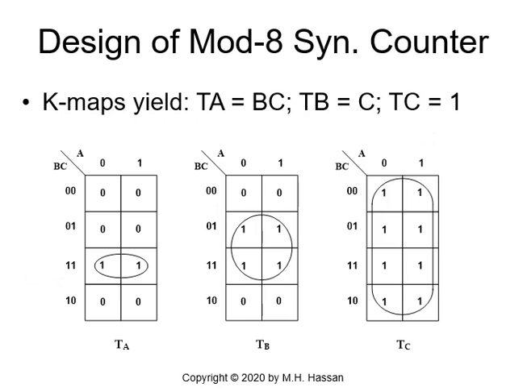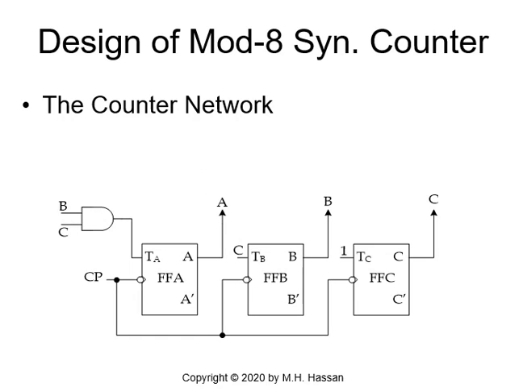So once we have this, we can really draw the network for the counter. We have 3 flip-flops, flip-flop A, flip-flop B, flip-flop C, because it's mode 8, so we need 3 flip-flops. So the input for TA is B and C. This is the output B, and this is the output C. So really B and C have to go here.